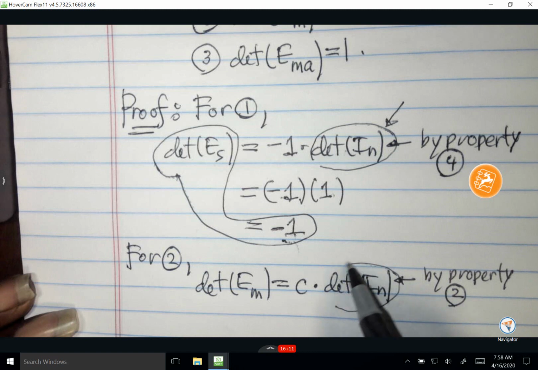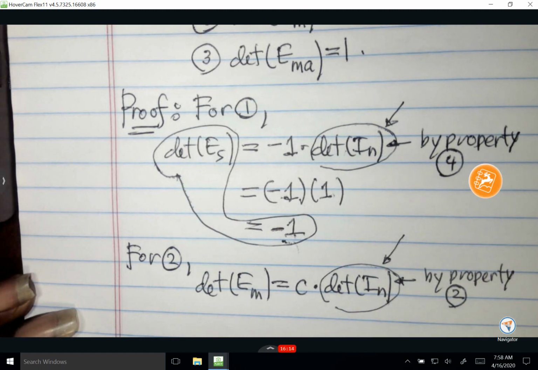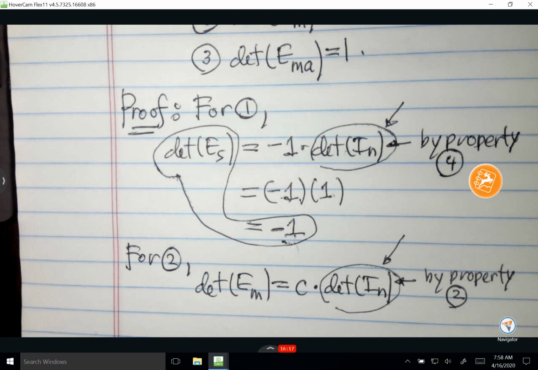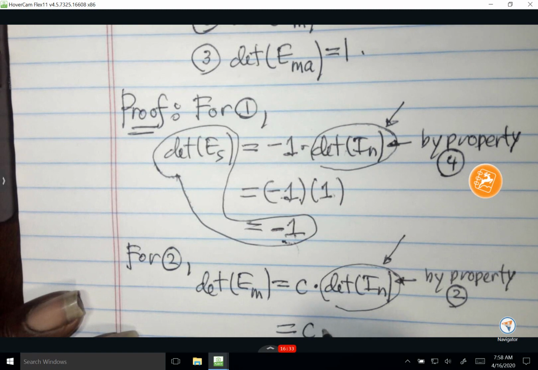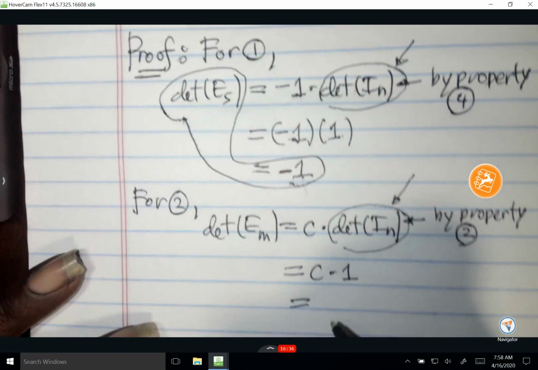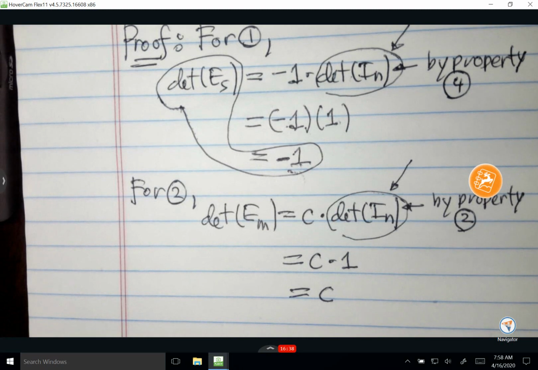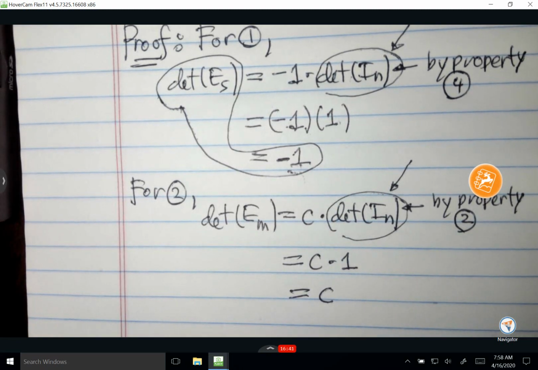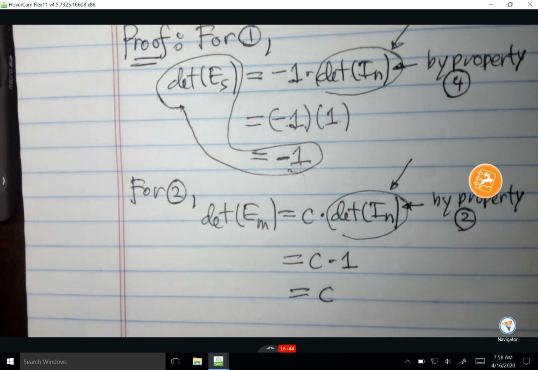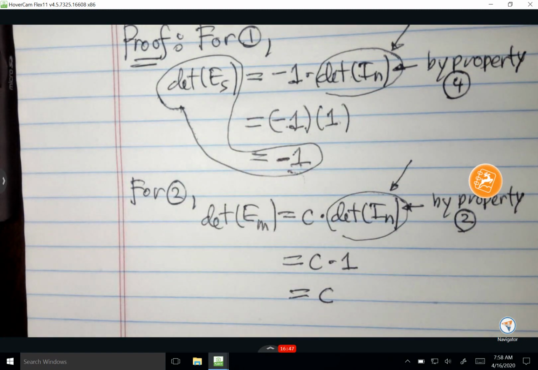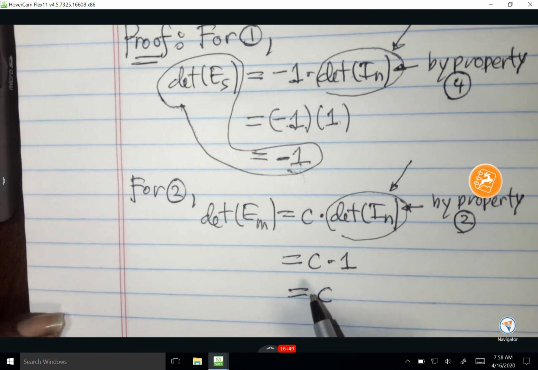Now I'm going to work on this number. The determinant of IN is 1 because it's upper triangular, and so its determinant is the product of the diagonal entries by theorem 1 of 2, 1. And all the diagonal entries are 1. And when you multiply all those 1s together, you get 1. So it's C times 1, and that's C. And congratulations, you've proven the second one.